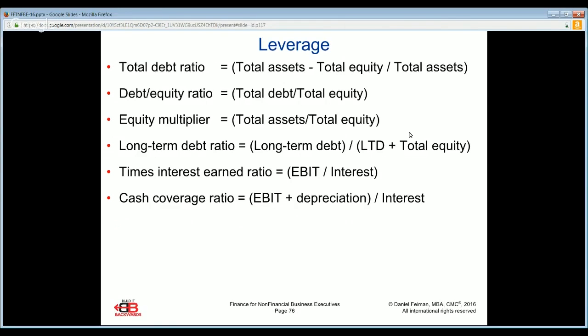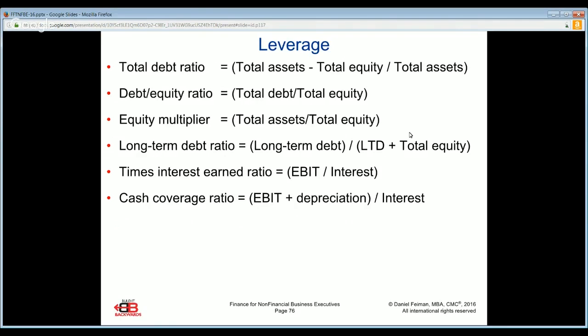There's the total debt ratio, where we're taking the balance sheet approach of taking our total assets minus our total equity for the liability or the numerator calculation. And if you remember our initial definition of a balance sheet, it must balance: total assets minus total liabilities equals total equity, or total assets equals total equity plus total liabilities.